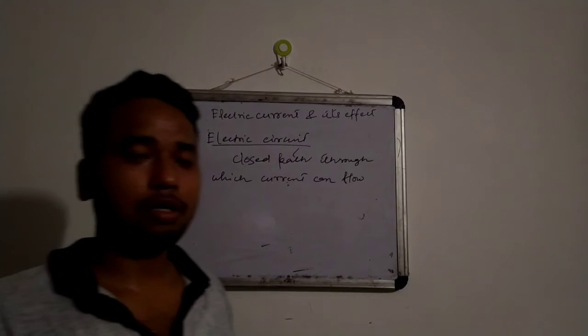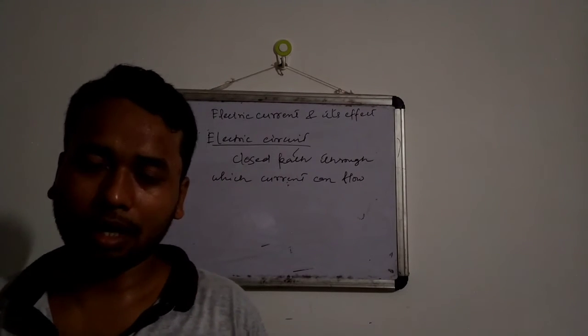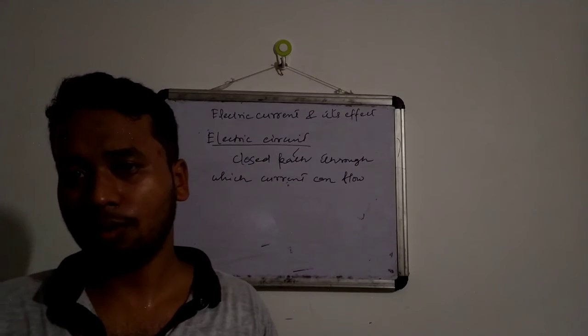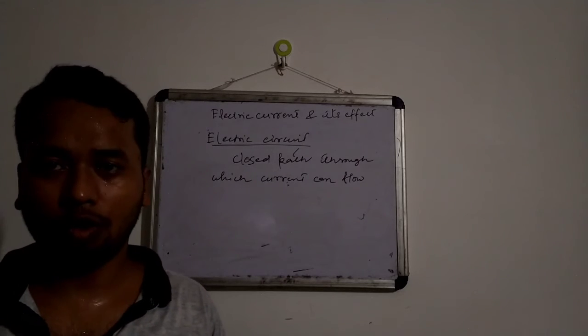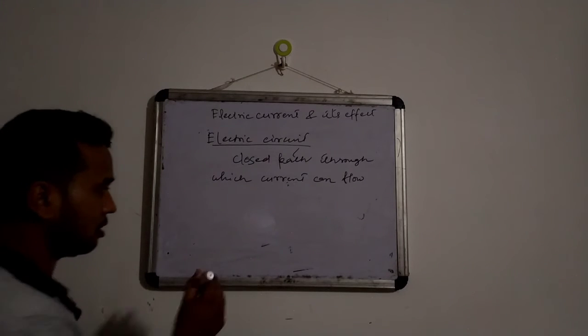Okay, if we connect the electrical components like bulb, battery, switch, and make a closed path where the current can flow, then this type of closed path is called an electric circuit.